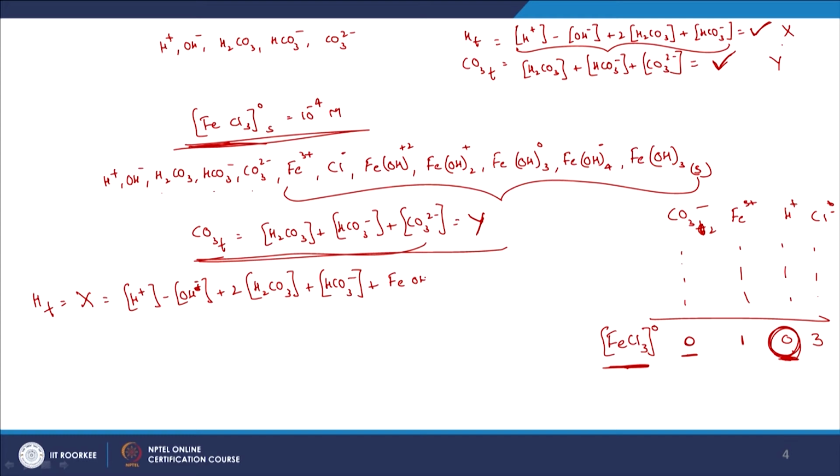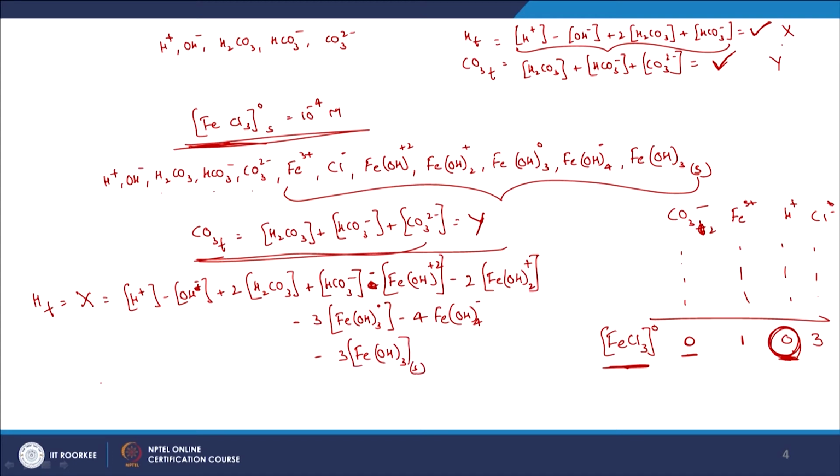FeOH plus 2, but obviously it can't be plus from our part A. If you remember that, it's going to be minus because it's OH here, right, and minus 2 times FeOH twice plus 1 charge, minus 3 times FeOH 3 neutral charge, minus 4 times FeOH 4 negative charge, and again minus 3 times the solid that has precipitated out, right.